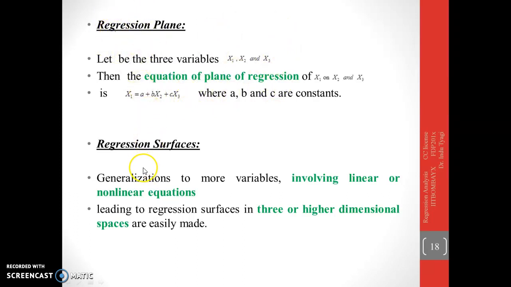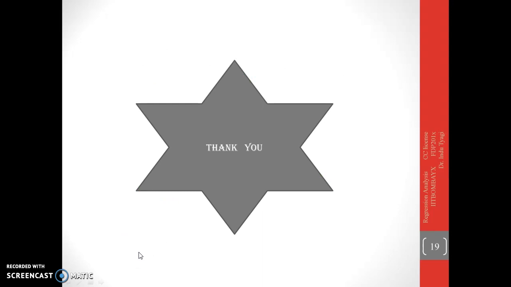But if there are more than 3 variables, generalization to more variables involving linear or non-linear equations leads to regression surfaces in 3 or higher dimensional spaces, which are easily made.